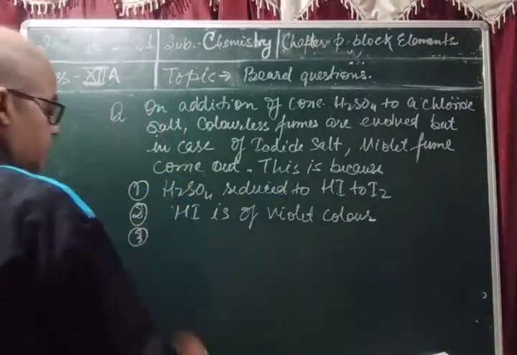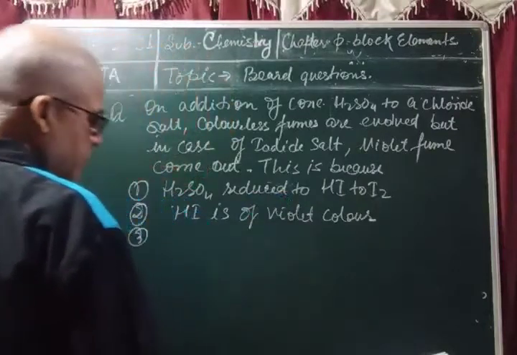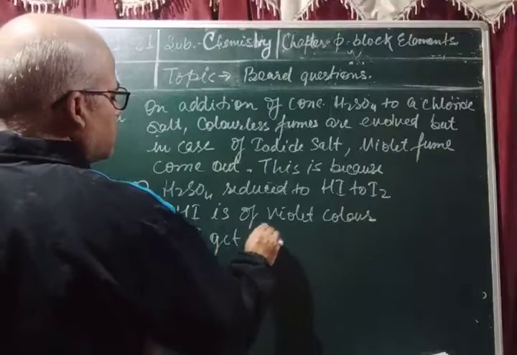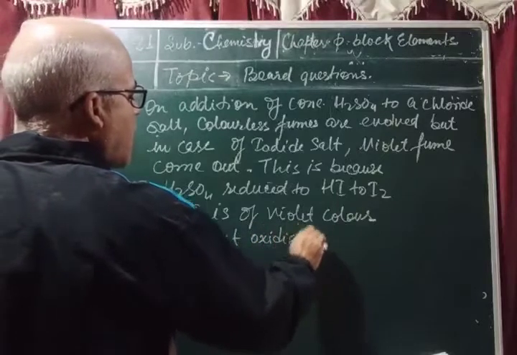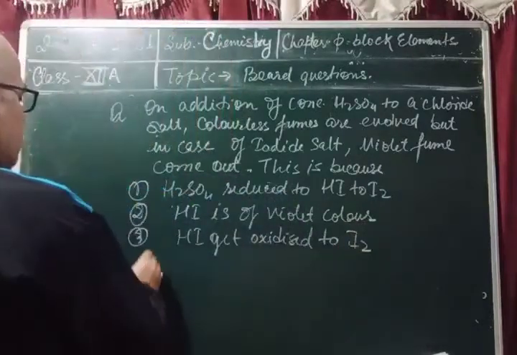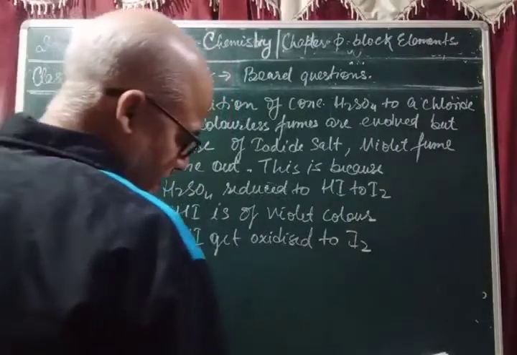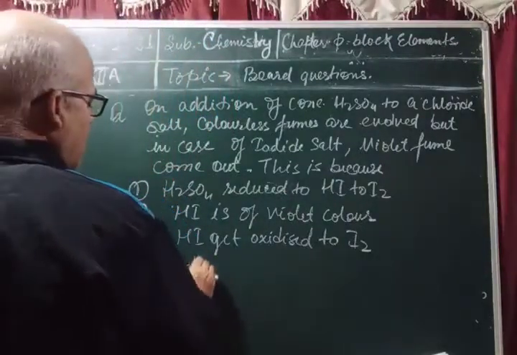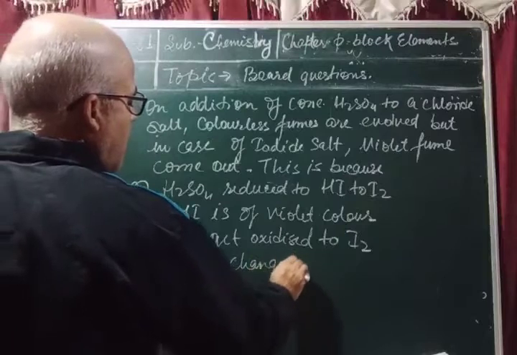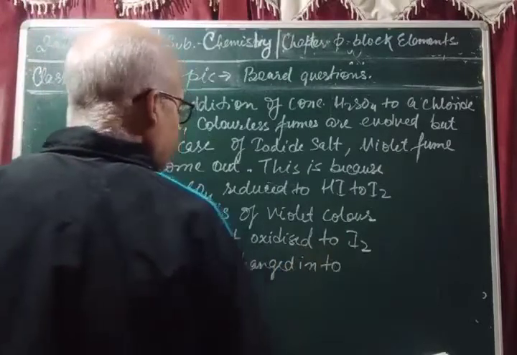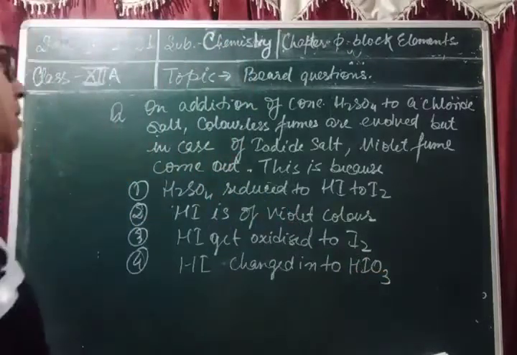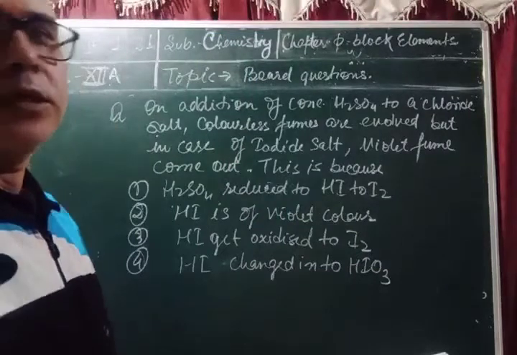Third one is HI gets oxidized to I2. And fourth one is HI changed into HIO3, hydroiodic acid.